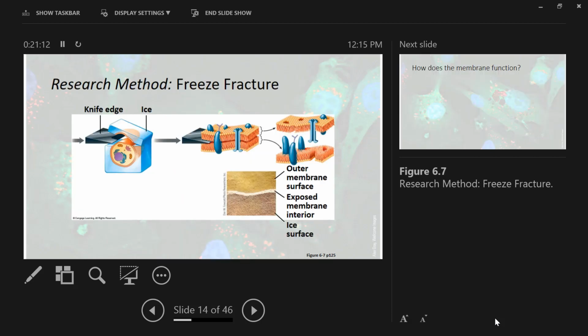And so here's the experimental research that was done to show the asymmetry in the membrane. They froze the membrane, they solidified it, and then they pried the 2 layers apart, and each layer is different, has different proteins in it. It's asymmetrical. And this is what Dr. Francis was talking about with this compartmentalization.